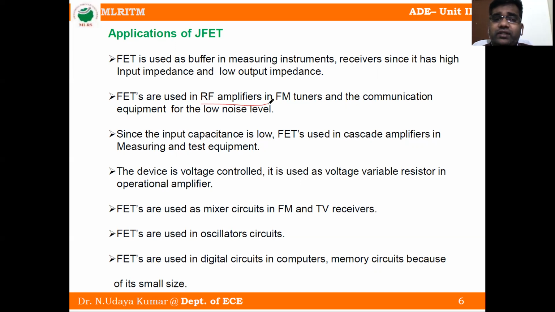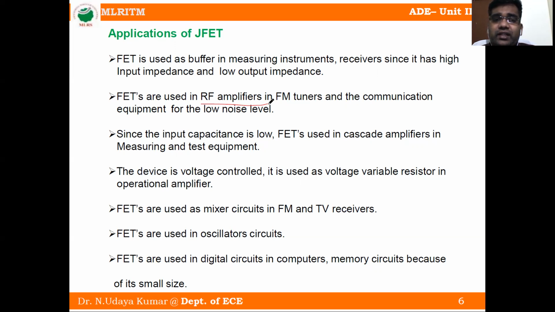Noise levels are more in BJT. If noise levels are more, communication may have disturbances. Noise level is low in FET, so we prefer FET in communications because noise levels are very less.